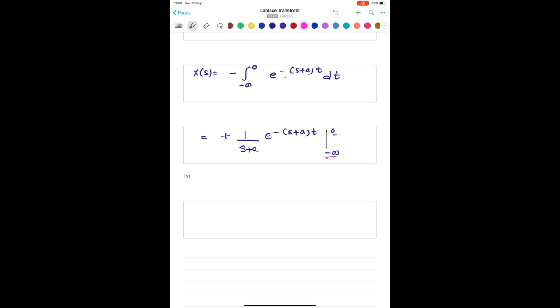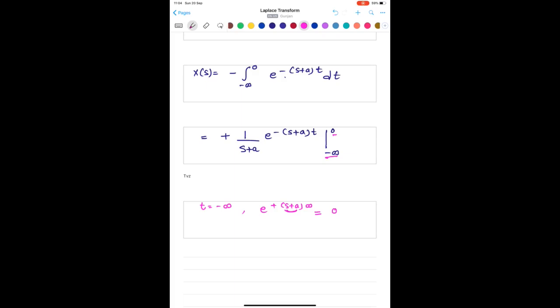The problem is in the lower limit now, when you put t equal to minus infinity. So when t is equal to minus infinity, then e raised to the power minus (s plus a) t will have a minus infinity. In order for this to be equal to 0, if this is not equal to 0, we will not be able to find a finite answer.